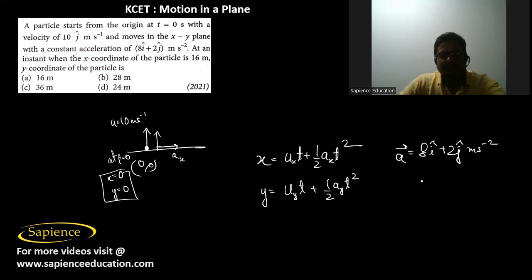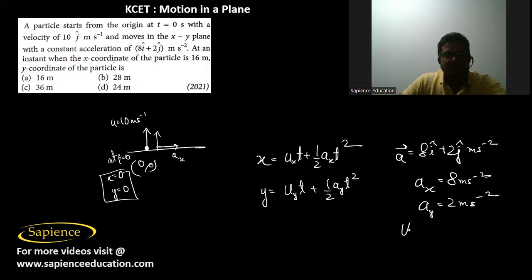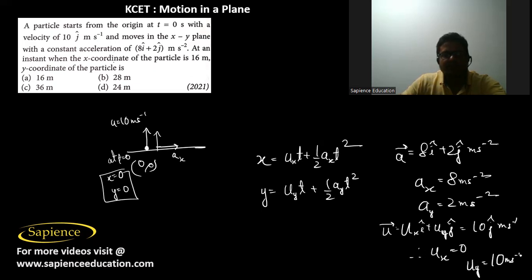Therefore the x component of acceleration is 8 meter per second square and the y component is 2 meter per second square. Similarly, the initial velocity u vector is ux i cap plus uy j cap, and it is given as 10 j cap meter per second. Therefore ux is equal to 0 and uy is 10 meter per second.